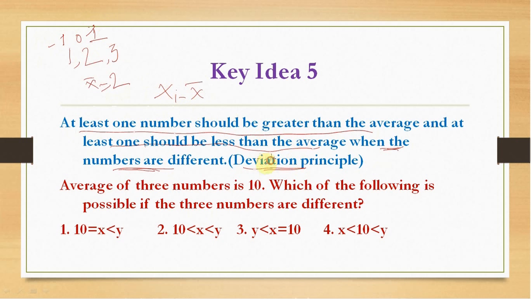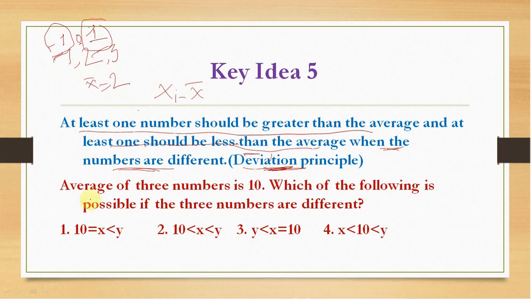So according to the deviation principle, the positive deviation should always equal the negative deviation. So for the positive deviations equal to the negative deviation, there must be at least one number which is smaller than mean and at least one number which is larger than the mean value. So you can check this deviation principle with any example.